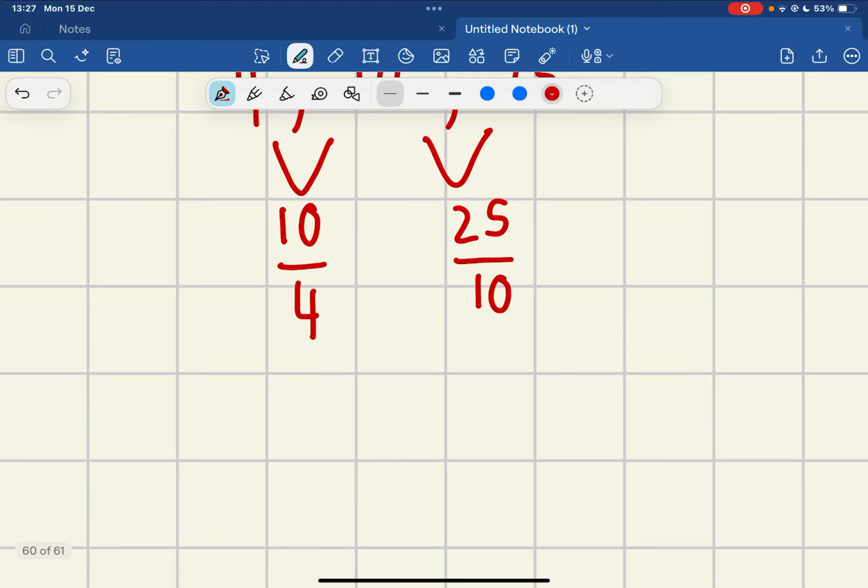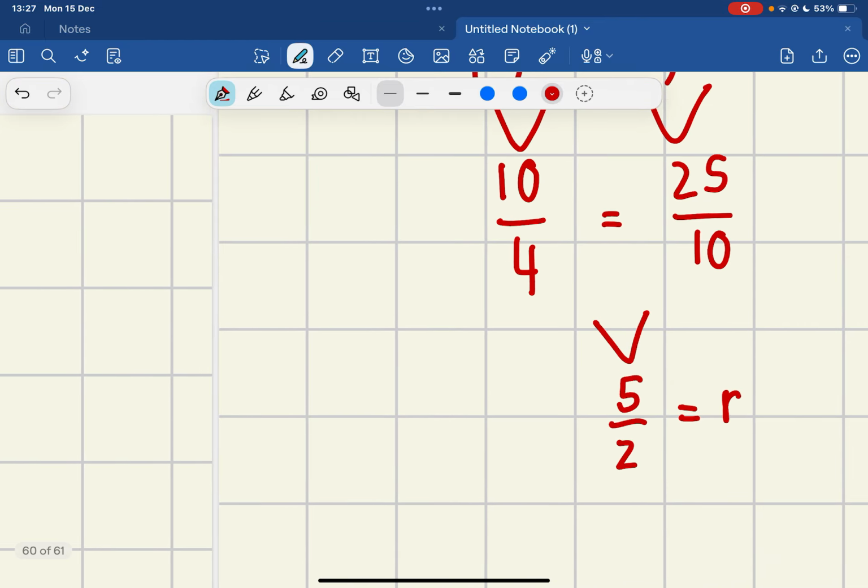This can be further simplified. They're basically equal. If we divide 10 by 2 and 4 by 2, it would give us 5 over 2. And if we simplify this side, 25 over 10 would give us also 5 over 2. So this is our R value.